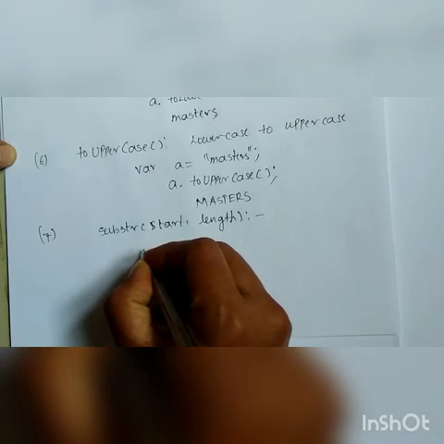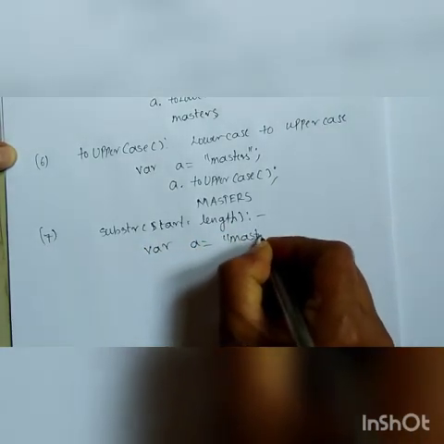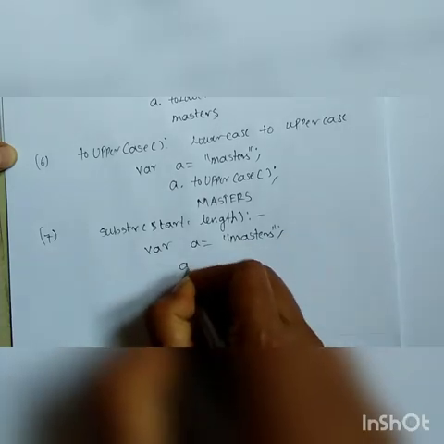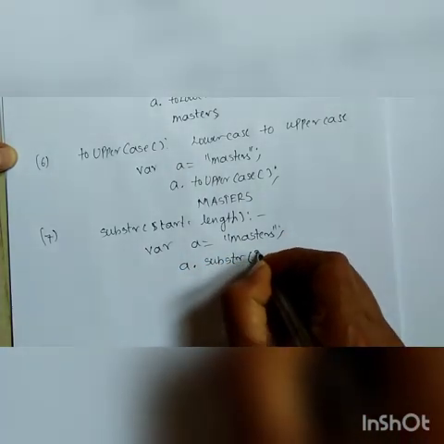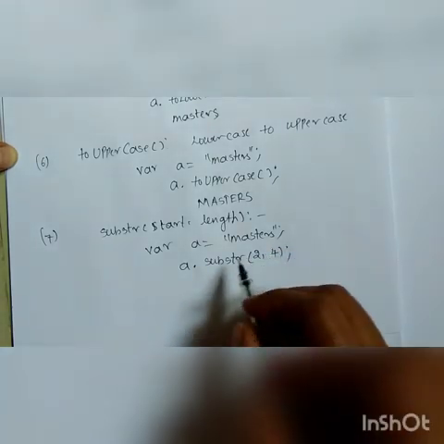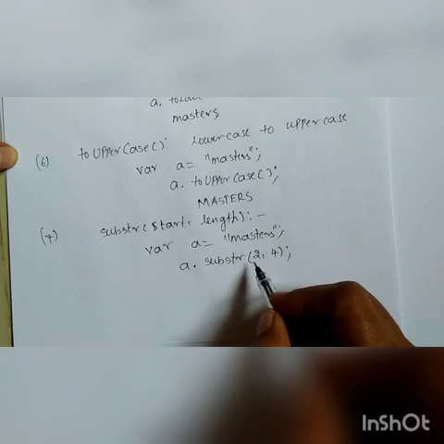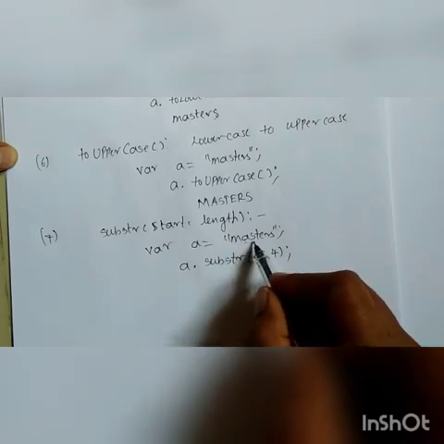So let us take one example where a is equal to masters, a.substr(2, 4). It returns a substring from the second position. What is the second position here? 0, 1, 2.